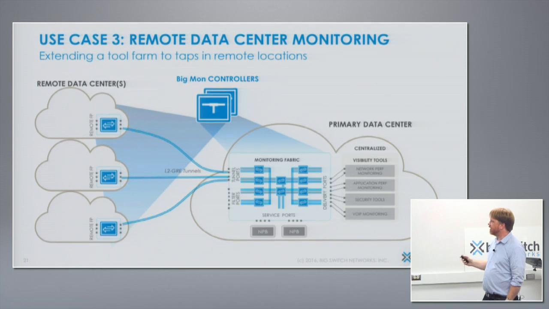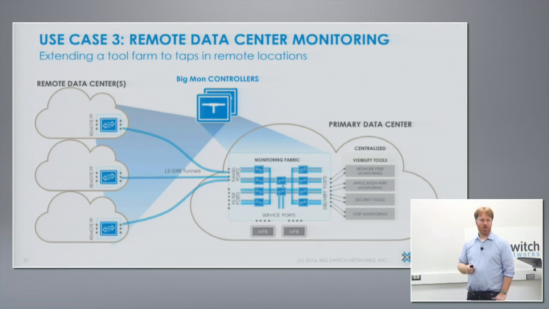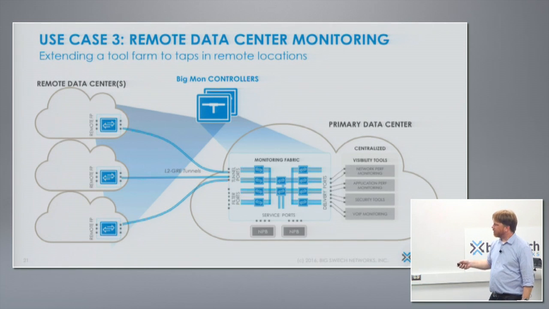A third interesting use case is around reduction of the number of tools. So imagine you've got a data center much like I showed in that first picture, but then you have a whole bunch of remote data centers that are maybe smaller. And again, because the tools are kind of expensive, or maybe a remote data center might be physically remote, hard to get to, if you drop one of our switches in, we can actually tunnel selective traffic back to the main center. So the idea is, you've got a packet here that's of interest.